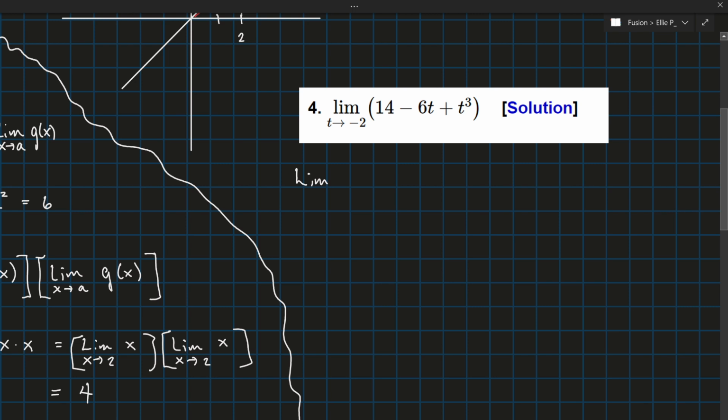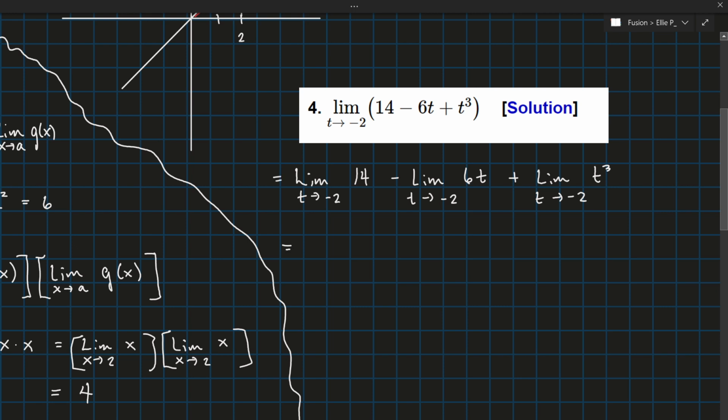So that would be the limit as t goes to -2 of 14 minus the limit as t goes to -2 of 6t plus the limit as t goes to -2 of t cubed.